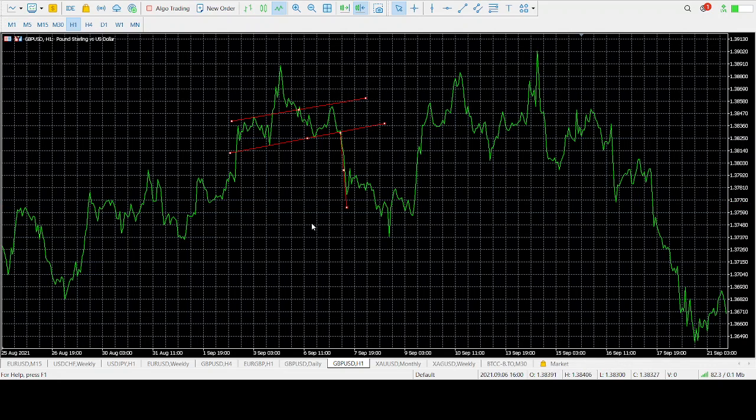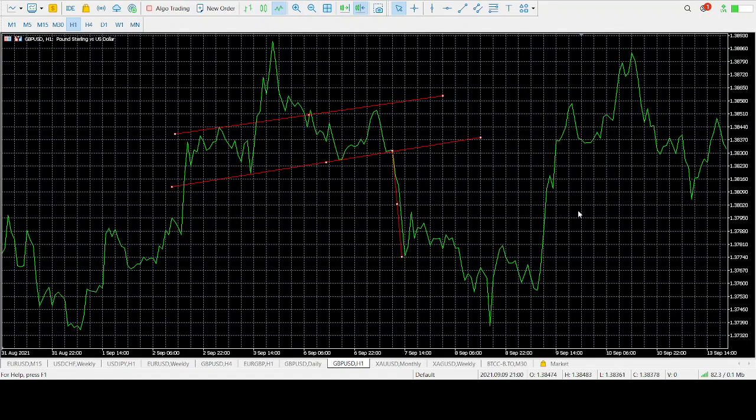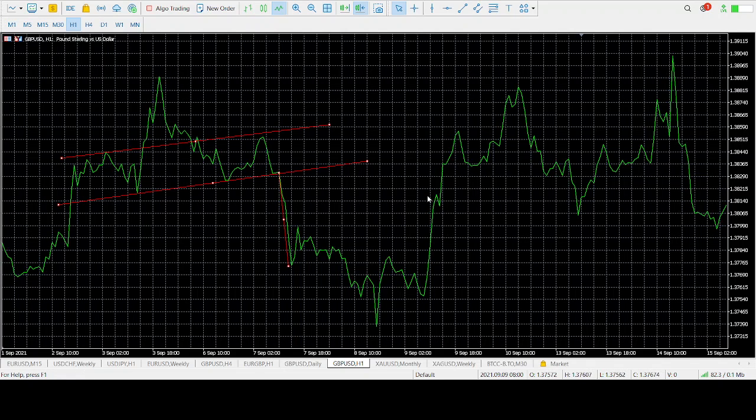Okay, so the next pattern I want to show you is actually just here, right here. Maybe I should expand it for you to see it better. So after the head and shoulders pattern, the market went down, and here it went into a consolidation in a triangle.